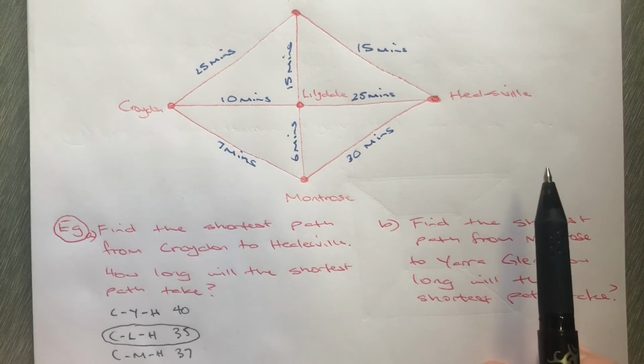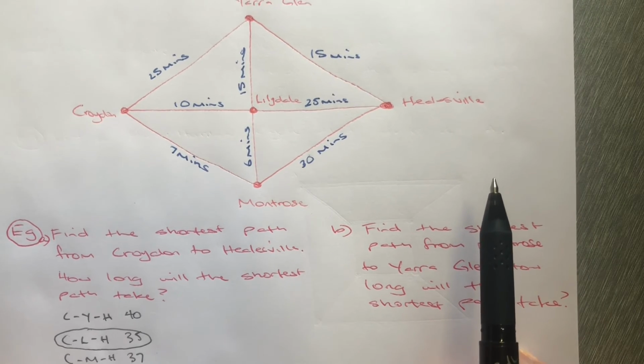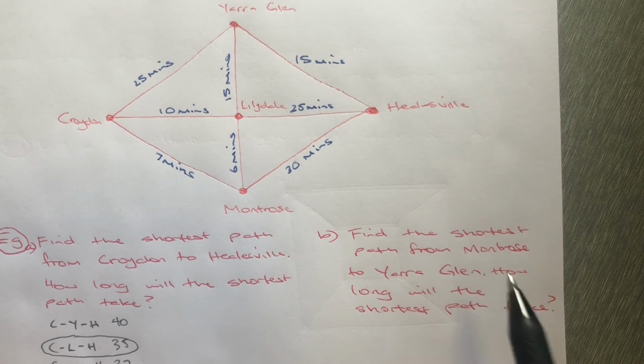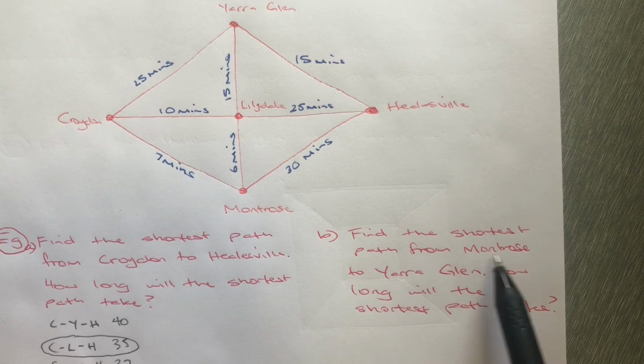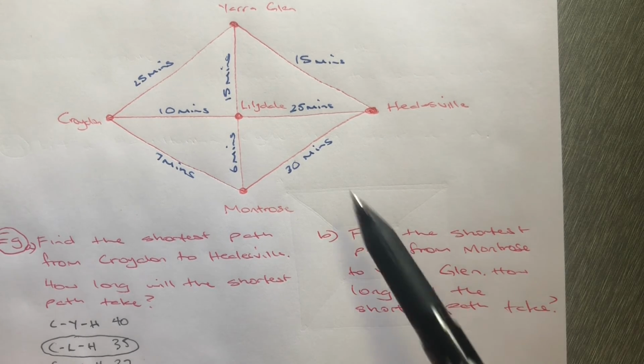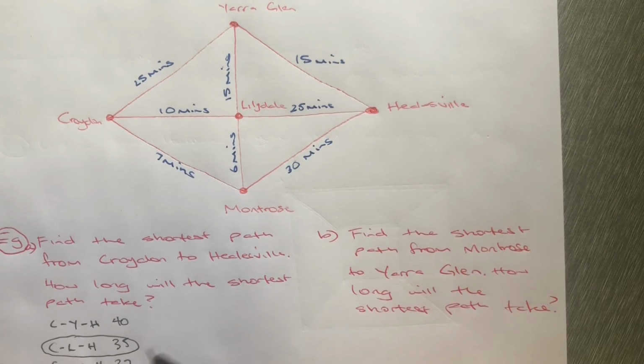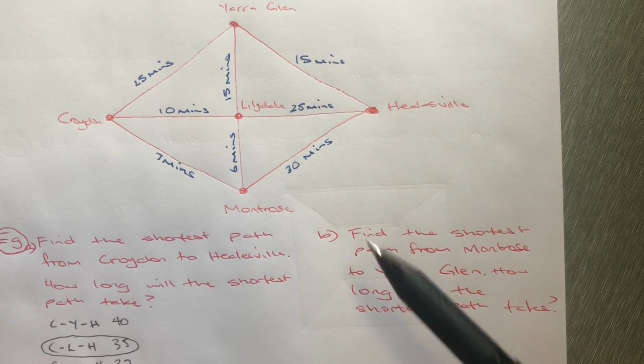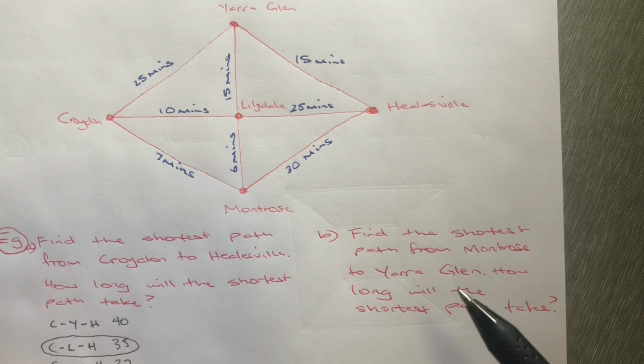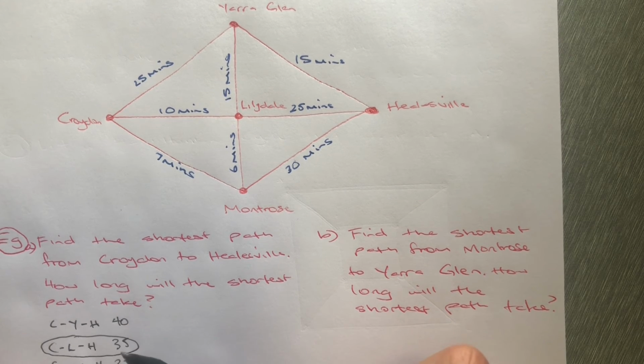Okay, so let's do another one. This one here, they've given us a couple of different locations. Find the shortest path from Montrose to Yarra Glen. How long will the shortest path take? With this one here, you don't necessarily have to do what I've done over here. This is a pretty simple network. There'll be others that look a bit more complicated. Because this one's simple, I'm not going to worry about writing this stuff out again.